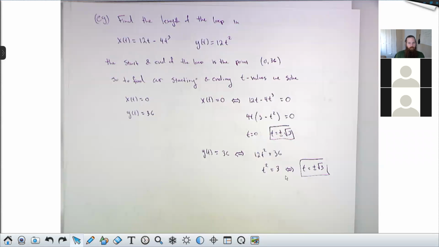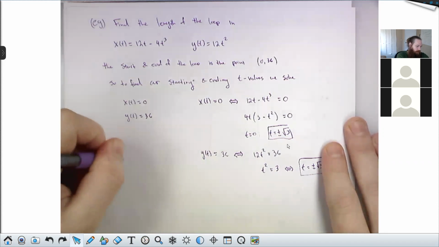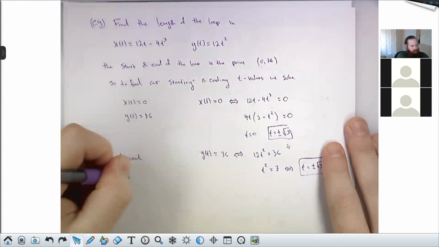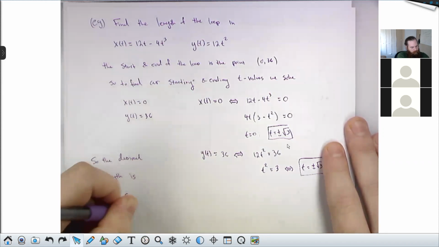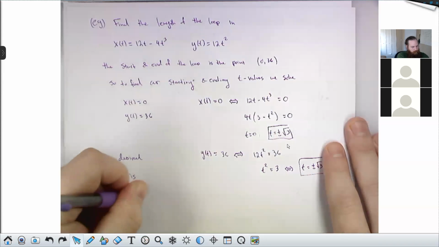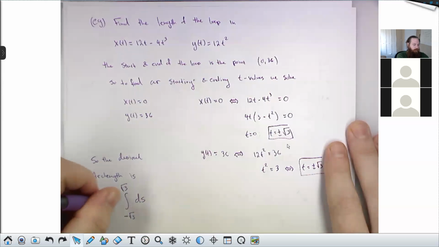So I'm going to integrate ds from negative root 3 to positive root 3. So the desired arc length is the integral from t equals negative root 3 up to t equals positive root 3 of ds, where s is my little arc length element.